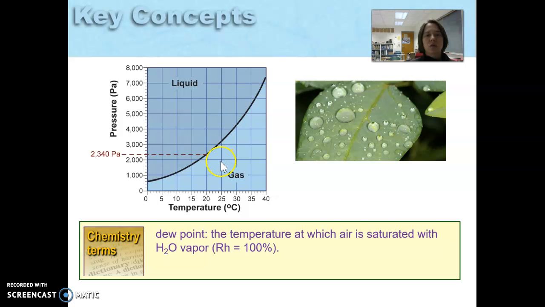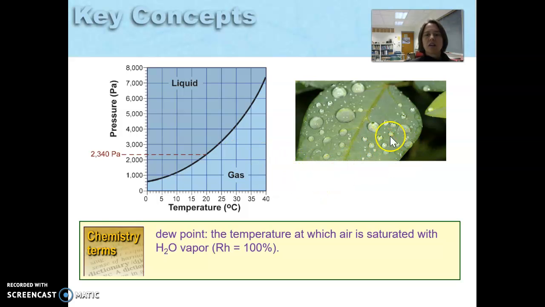And so when it's saturated, when it can hold all the water vapor it can at that temperature, it's called the dew point, and its relative humidity would be 100%. So if you have the same amount of water vapor at 20 degrees, you'd be 100%. But if you had that same amount at 30, you would not be at 100%, and the air would feel drier.